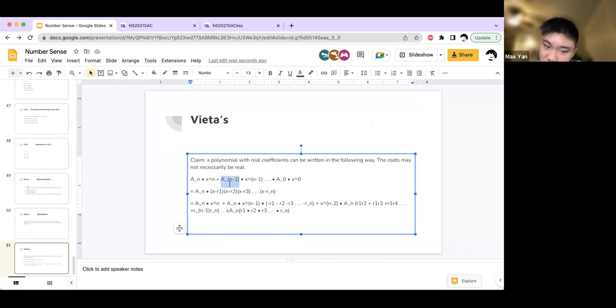So then, you know that a_(n-1) divided by a_n equals the negative sum. So the sum is the negative of the second coefficient, divided by the leading coefficient. And same thing goes for the product and the sum of the products, and so on and so on. So that's Vieta's in a nutshell.